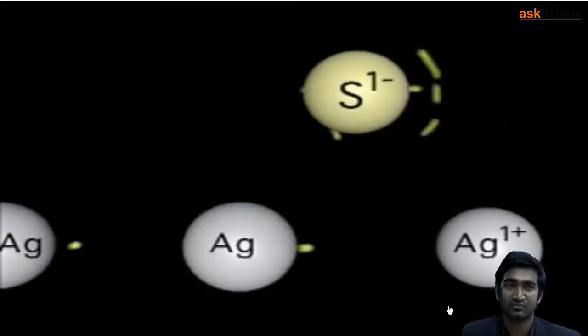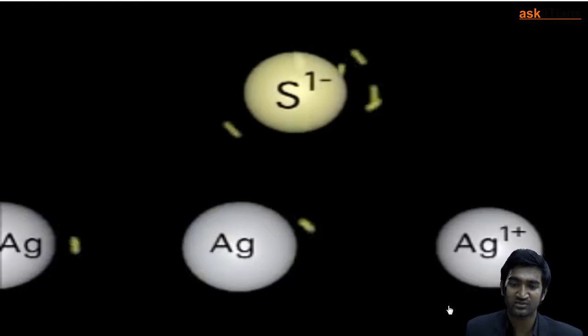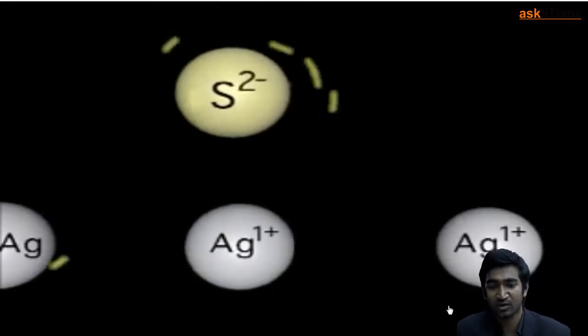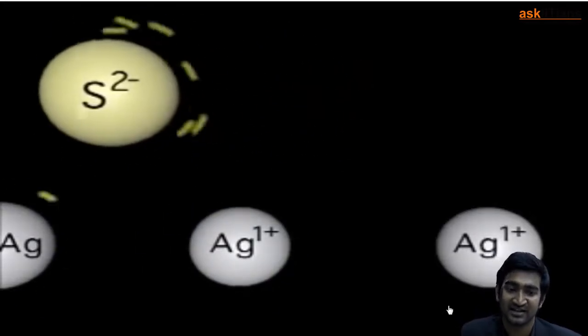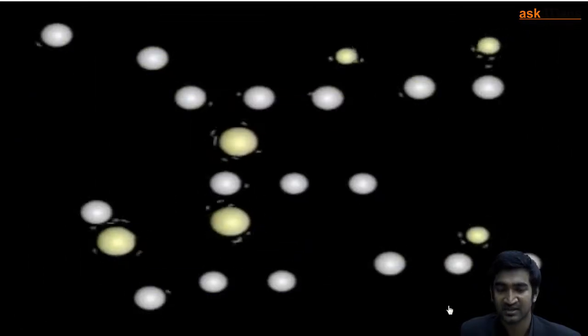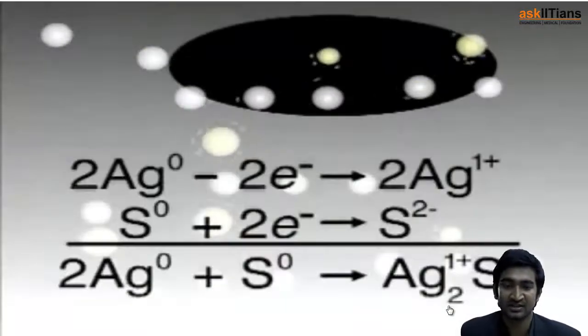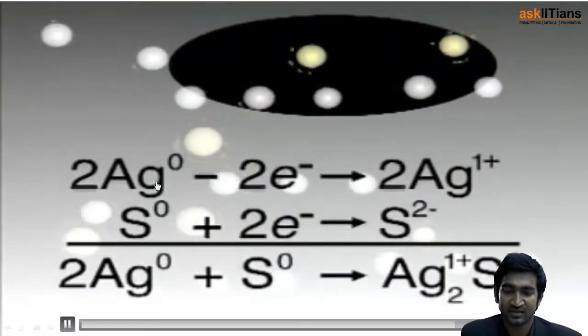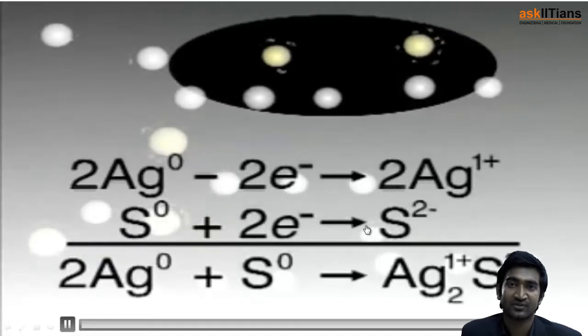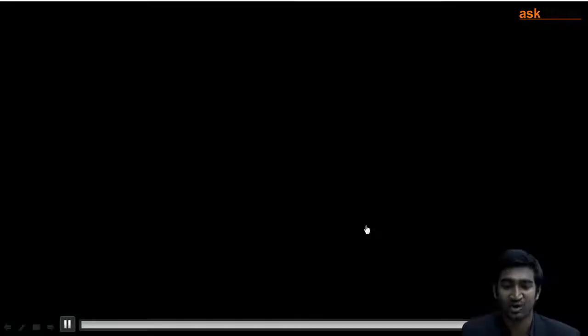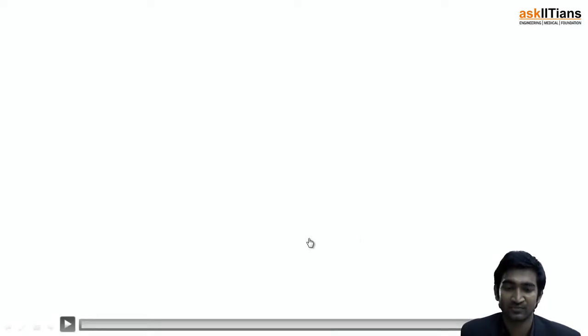In this process also there is loss of electron from the silver side and gain of electron on the sulfur side. So silver becomes Ag plus and sulfur becomes S2 minus. Here is the loss of electron, here is the gain of electron. So both processes occur simultaneously. That was part of the redox reaction.